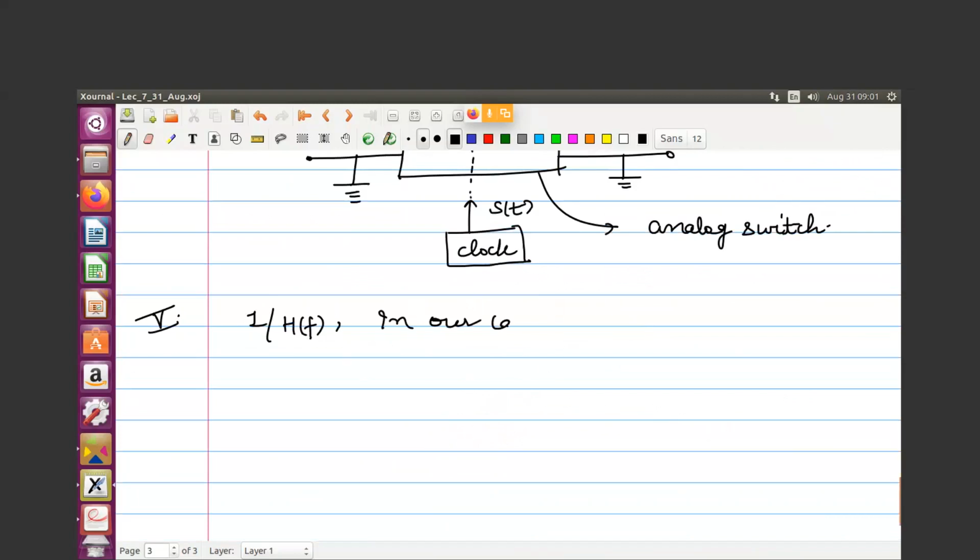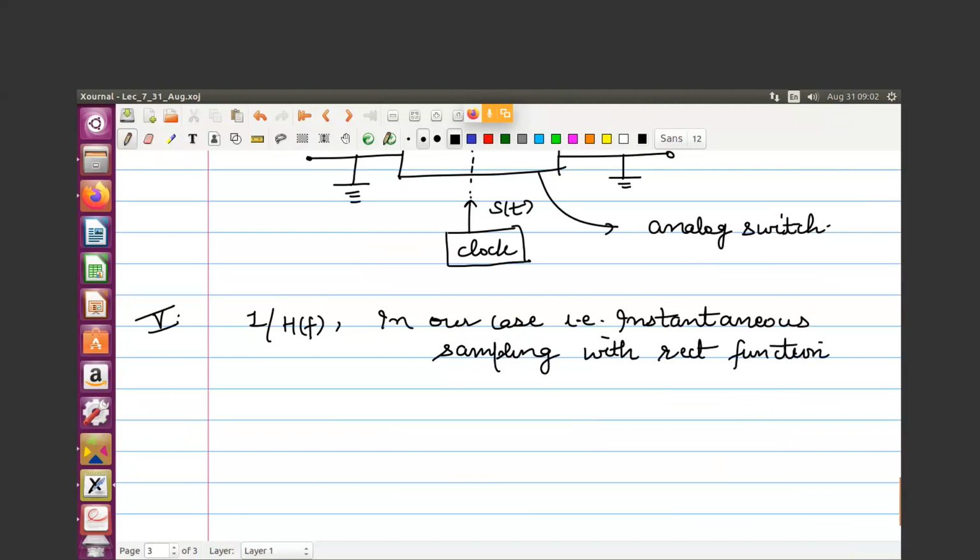In our case, that is instantaneous sampling, with a standard rect function, H(f) was a sinc function.